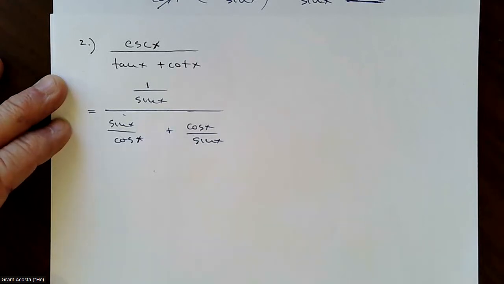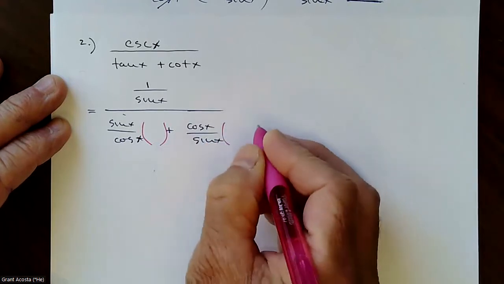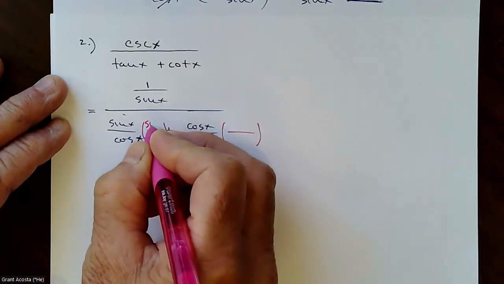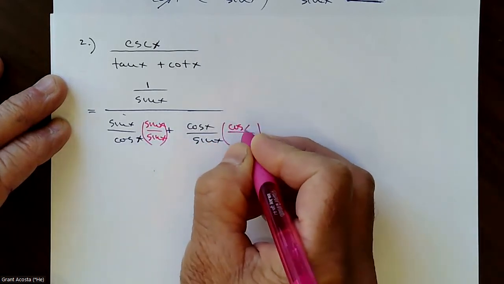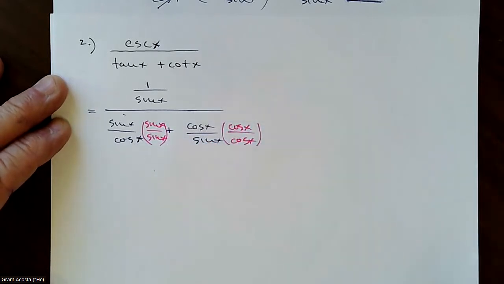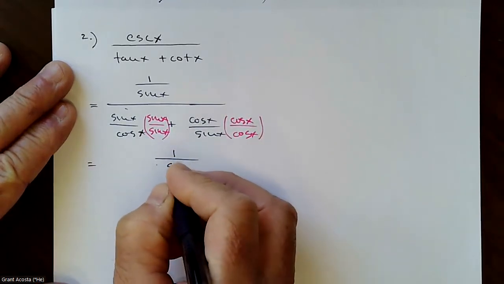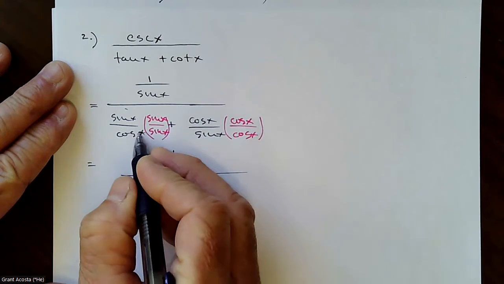But what I could do is combine this denominator into a single fraction by getting a common denominator. I'm going to multiply this one top and bottom by sine x, and this one top and bottom by cosine x. And then I'm left with 1 over sine x. Okay, we have the same denominator, right?